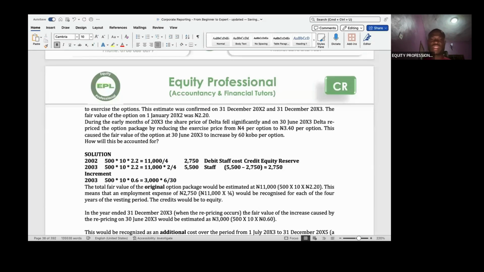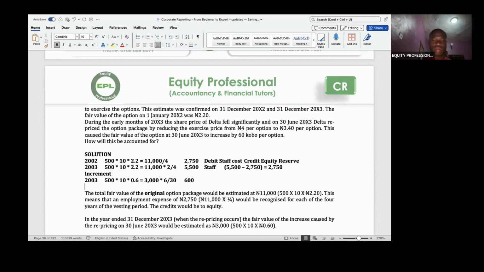So we'll have 6/30 times 3,000, that will give us 600. So the 600 will be recognized as staff costs, while the other leg will go to equity reserve. In the next year, which is 2004, for the increment, I just want to continue.